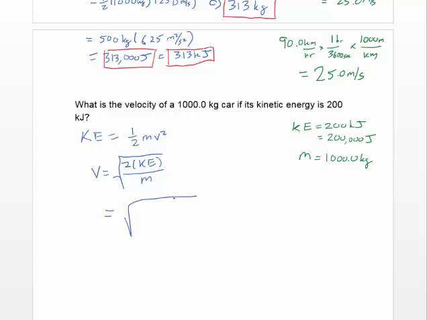So that is the square root of 2 times 200,000 joules divided by 1,000 kilograms. And if we work all that out, what do we find? Well, let's first of all multiply the top. We're going to find out that that is 400,000.